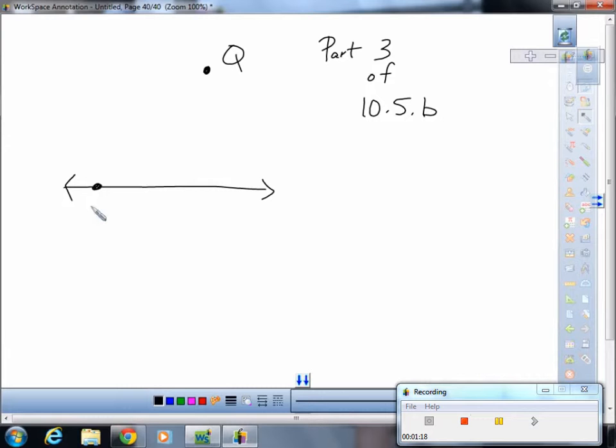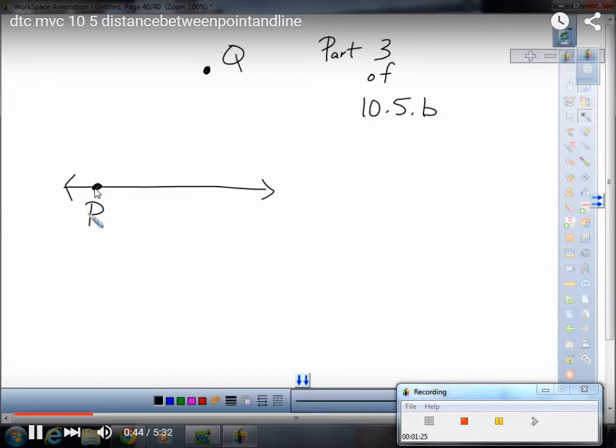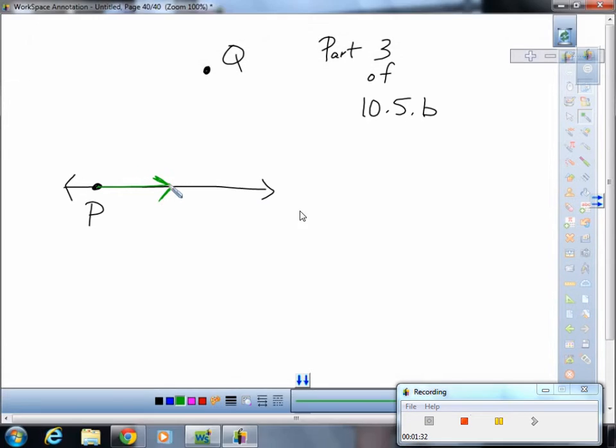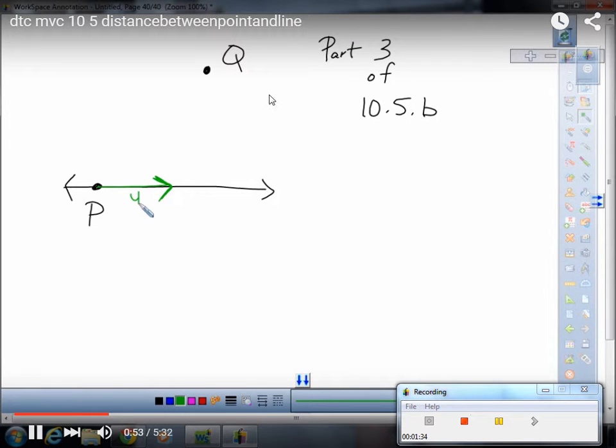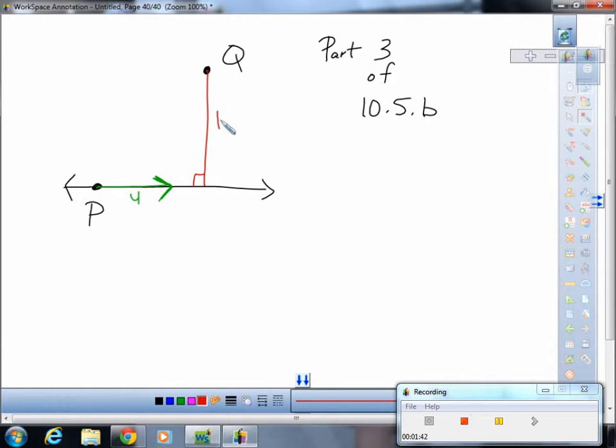All right. How do we define a line in 3 space? What do we need? We need a point on that line and a vector parallel to the line. So that's where we're going to start. Okay? So we're trying to find the distance between Q and this line. Now, remember that the distance is defined to be the shortest path between 2 objects, so it's going to form a perpendicular.